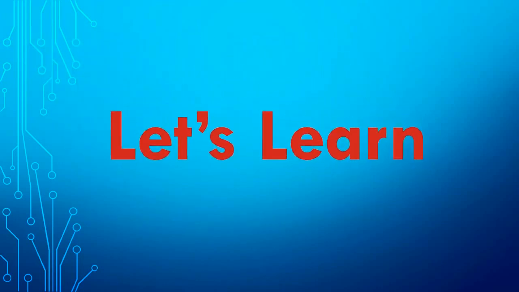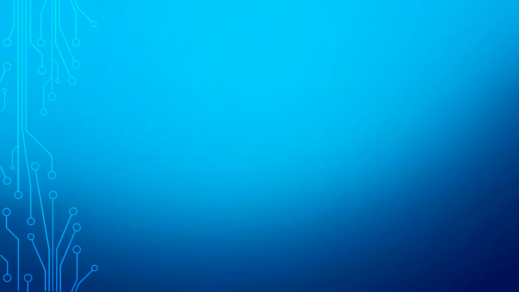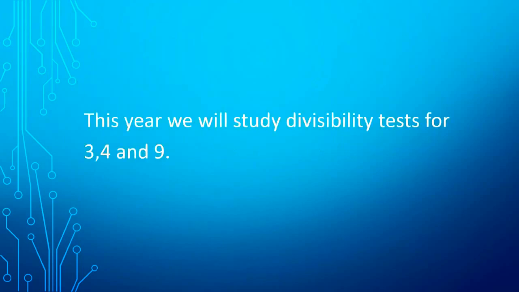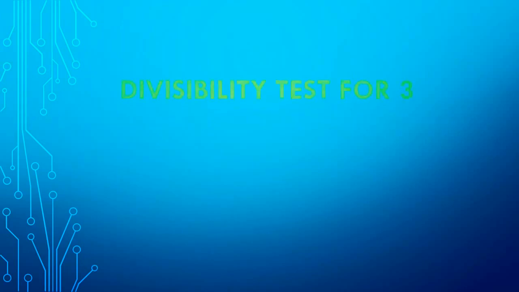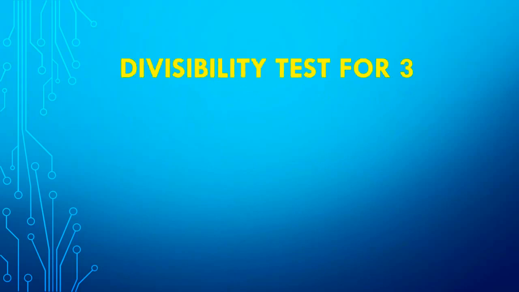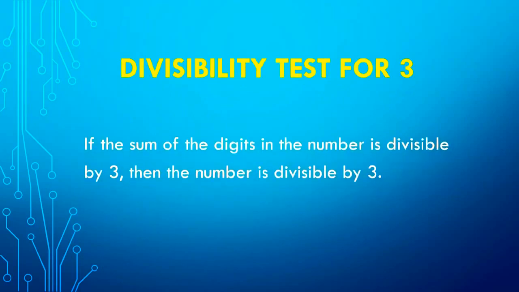Let's learn. This year we will study divisibility tests for 3, 4 and 9. Divisibility test for 3. If the sum of the digits in the number is divisible by 3, then the given number is divisible by 3.